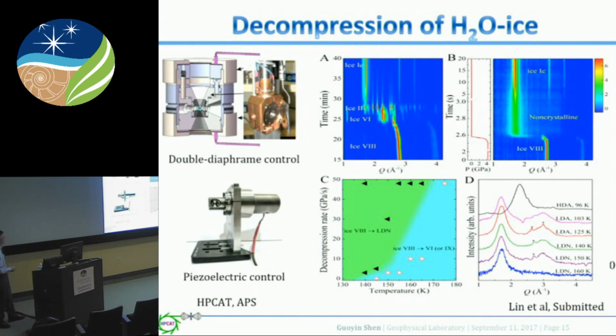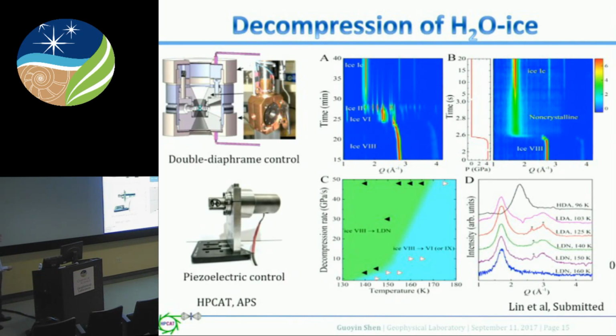This is the decompression rate, so this is going higher. This is the temperature range. At relatively low temperatures, we don't need a very high decompression rate. We can easily observe this kind of non-crystalline ice.